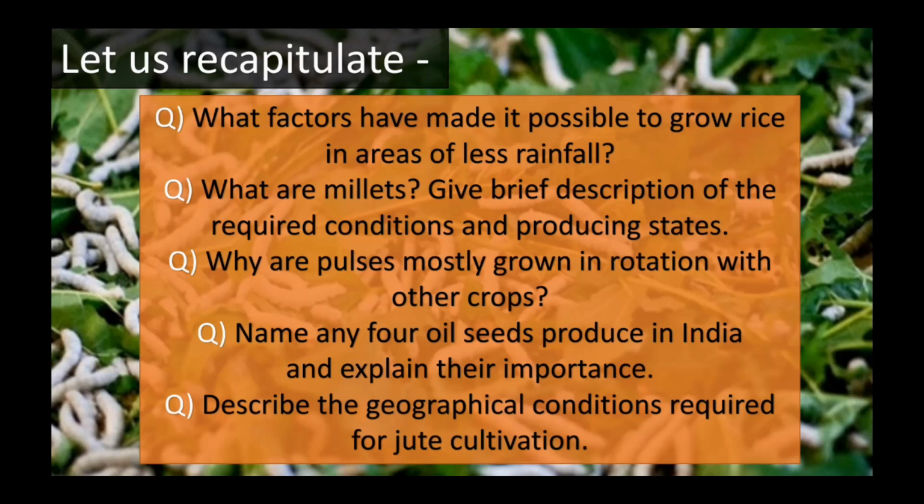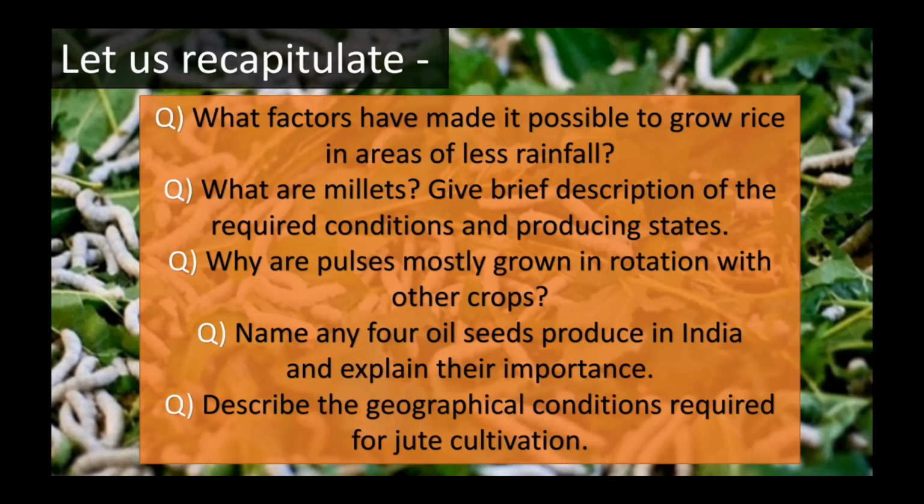It requires dry regions of Tamil Nadu, Himachal Pradesh, Uttarakhand, and in some parts of Sikkim it grows well. Next question: why are pulses mostly grown in rotation with other crops? For this answer, what will you write? Pulses are mostly grown in rotation with other crops because pulses need less moisture and survive even in dry conditions.